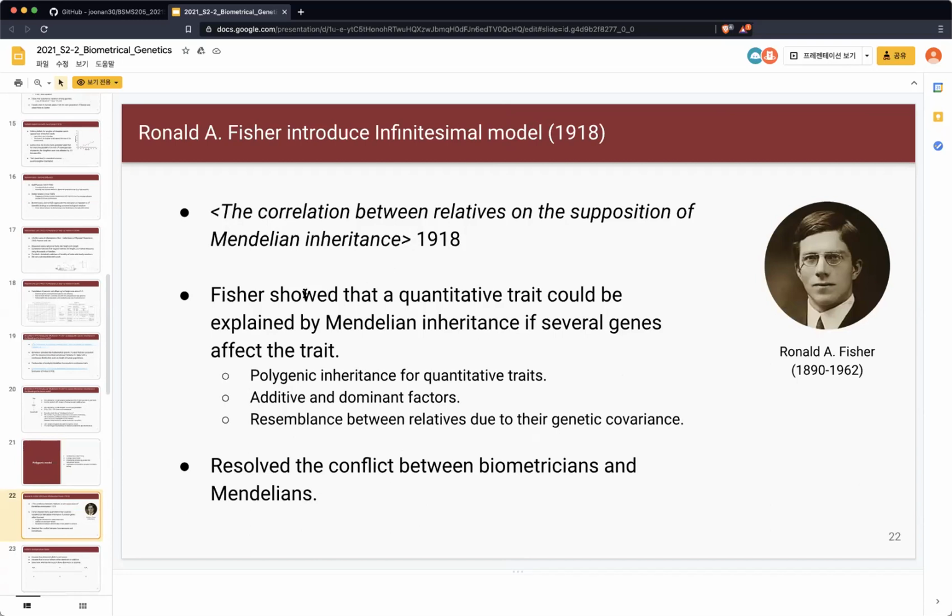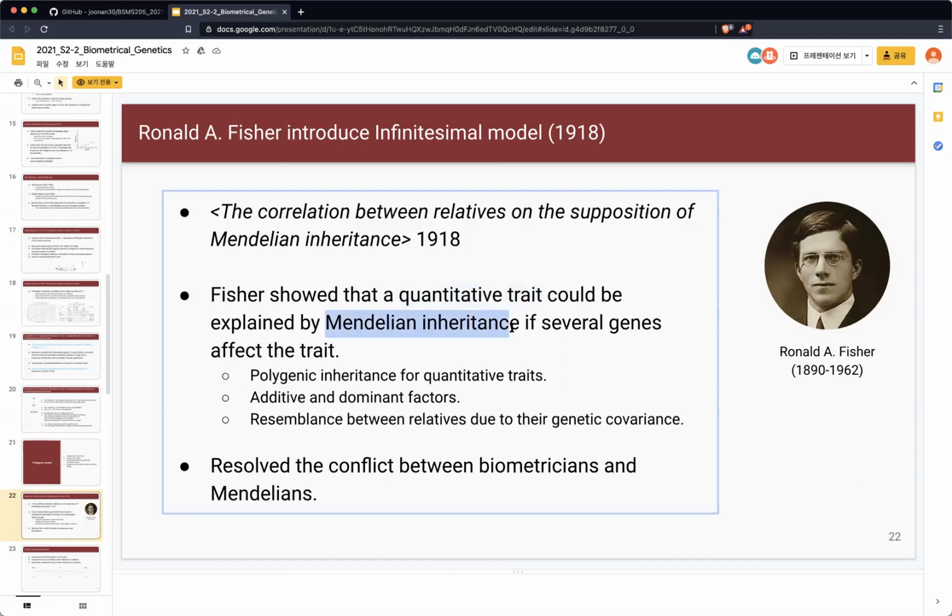So what Fisher showed at the time was that a quantitative trait could be explained by Mendelian inheritance if several genes affect the trait, right? This is the key sentence. Quantitative trait means a continuous trait like height, right? Then those traits can be explained by Mendelian inheritance, which involves binary factors, right?